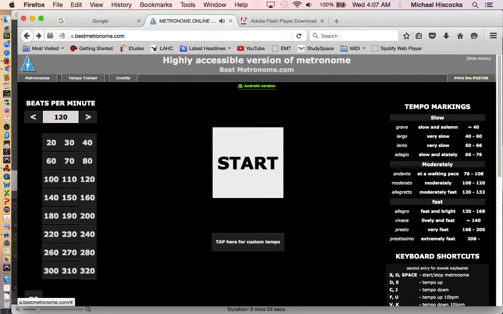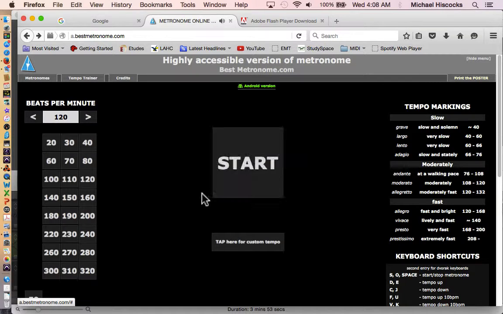When we're generally learning how to play rhythmically, we want to learn to play first with a steady beat. So I'm going to pick a couple numbers. These numbers actually coincide with the number of beats per minute. So I'm currently set on 120. That's 2 beats per second, 120 beats a minute.